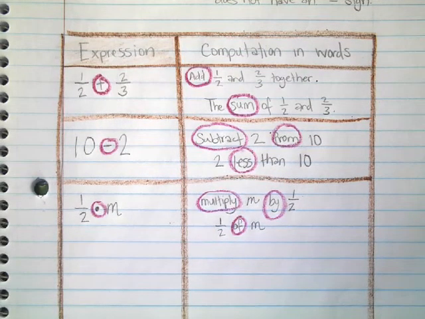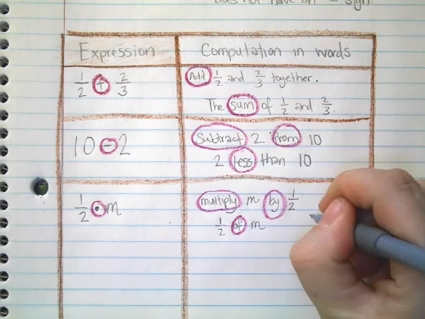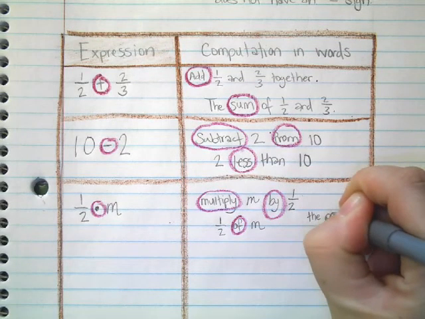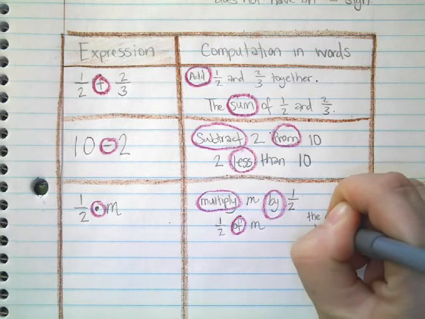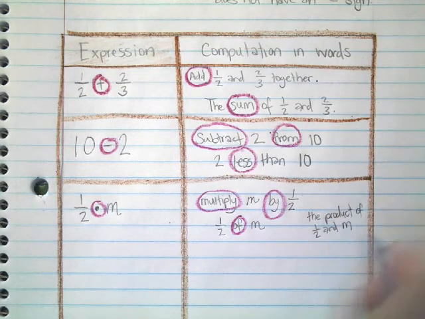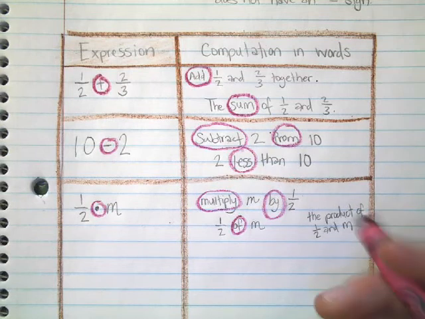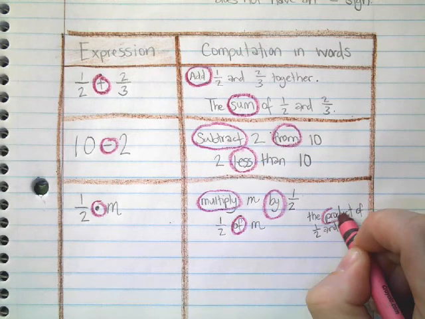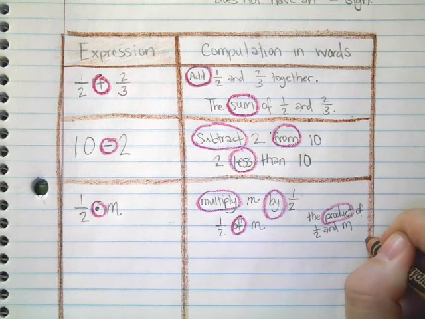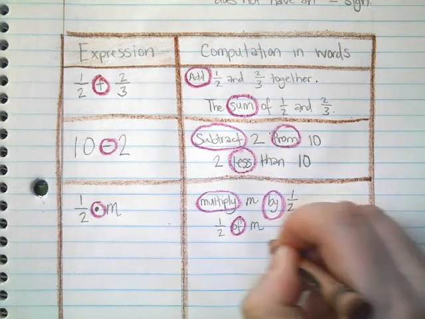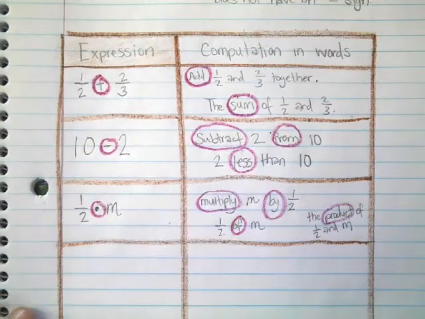That other way is, we'll just say, the product of 1/2 and m. That's another way to say it. The product means the multiplication. So we have lots of different ways to represent this type of expression. Draw the brown line, and let's move on to another one.